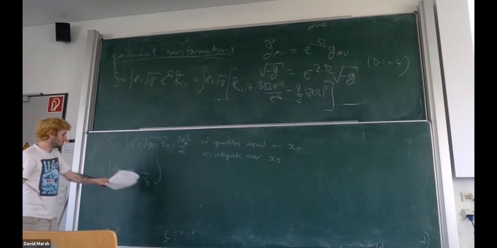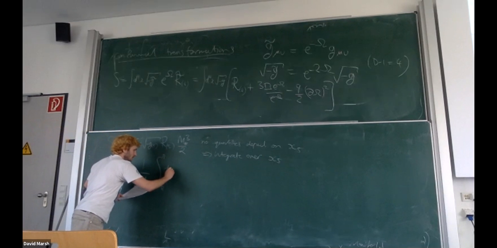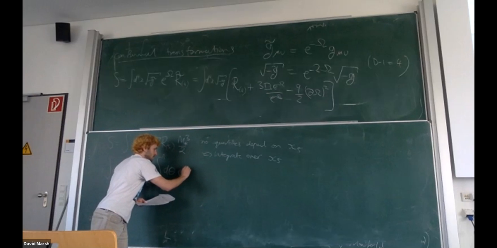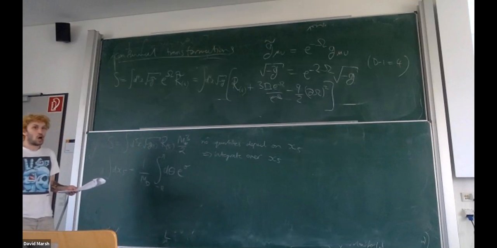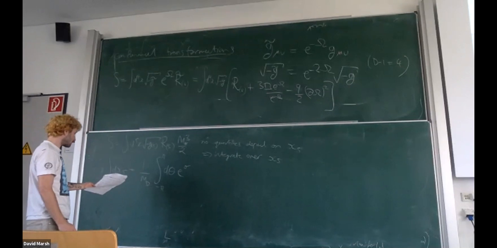In string theory, you would use the string scale here. I integrate from minus pi to pi d theta, e to the sigma, which is the size r of that dimension. Okay? So that's what we have to do.